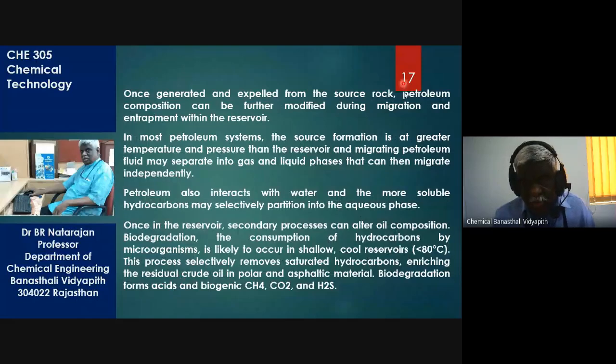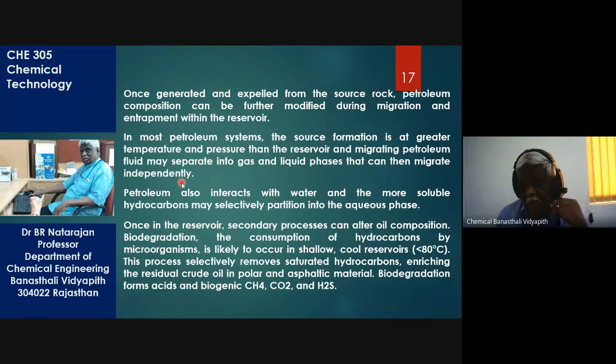Once generated and expelled from the source rock, petroleum can be further modified during migration and entrapment within the reservoir. In most petroleum systems, the source formation is at greater temperature and pressure than the reservoir, and migrating petroleum fluid may separate into gas and liquid that can then migrate independently. Right? So the gas may migrate independently, where you end up with a gas well, and the liquid may travel separately, where the gas will be little.